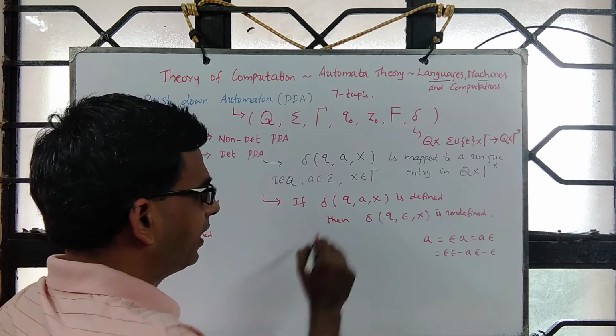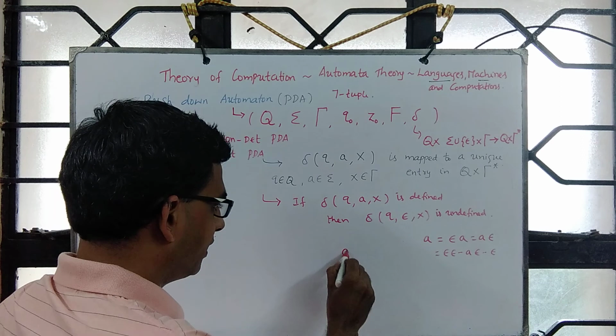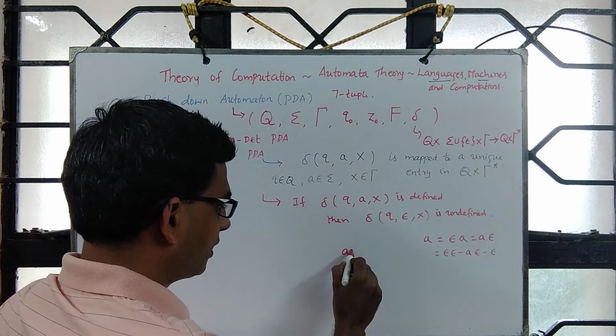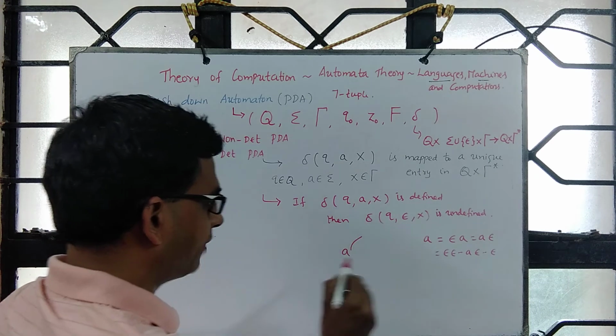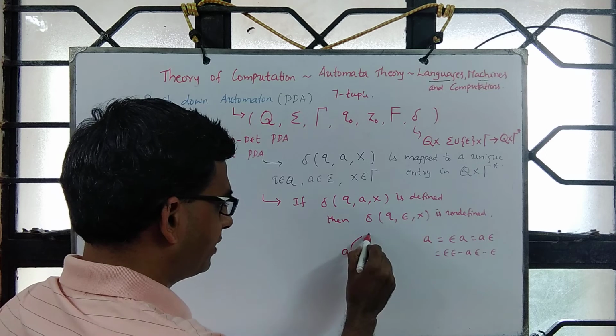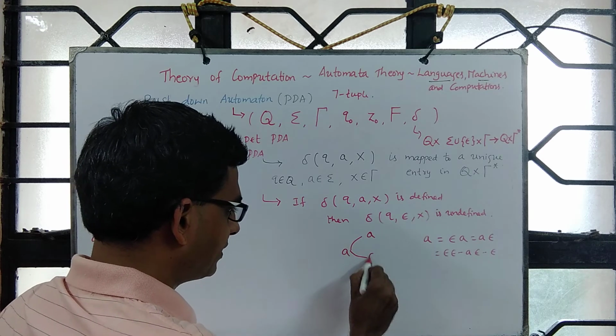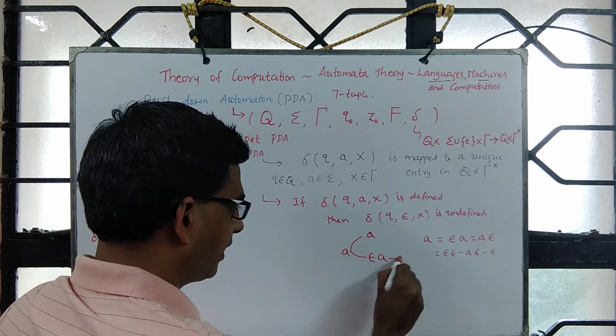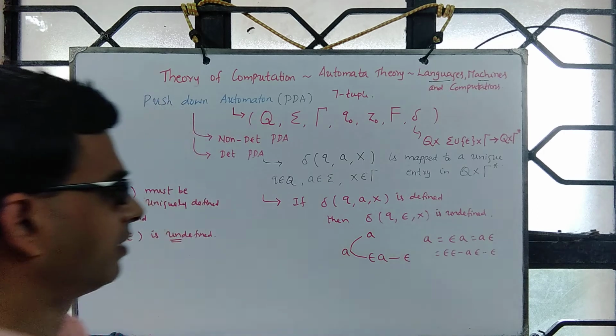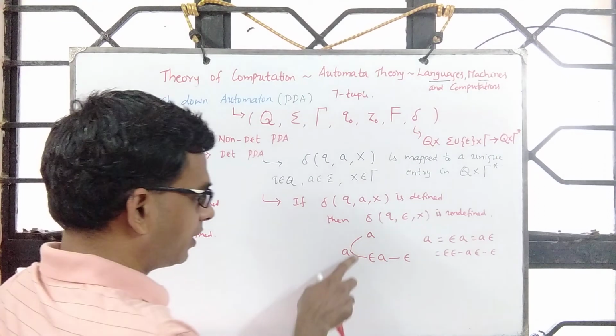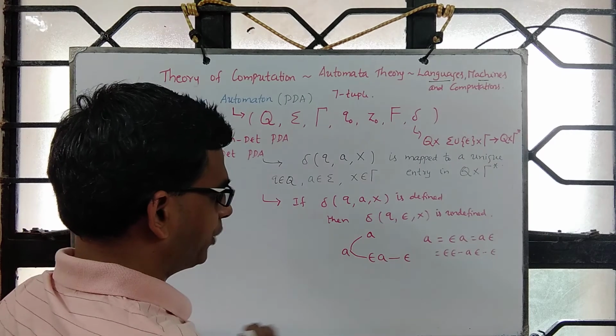When it reads A, the automaton is kind of thinking whether it should take this branch and read A, or whether A should be seen as epsilon A and reads epsilon. So now there are two possibilities at this point in time.